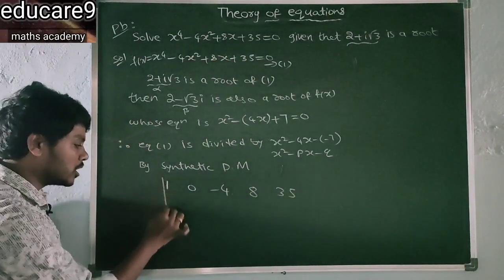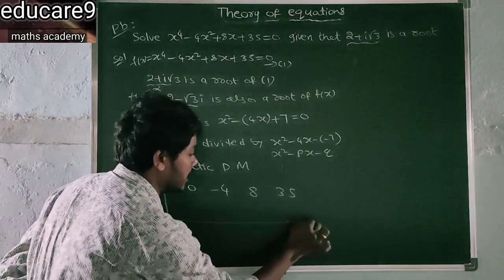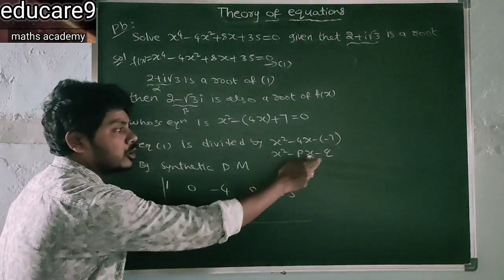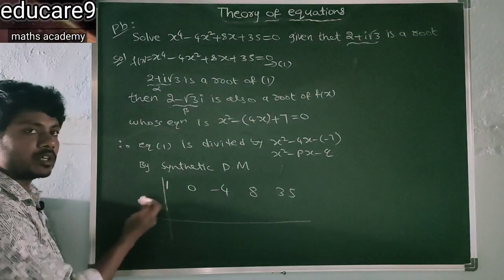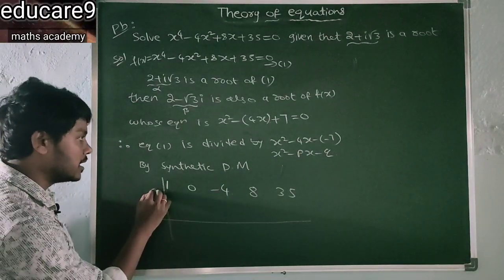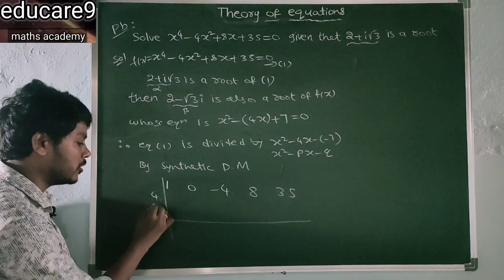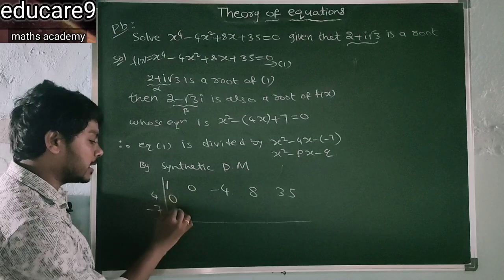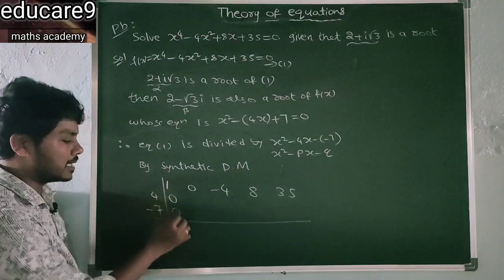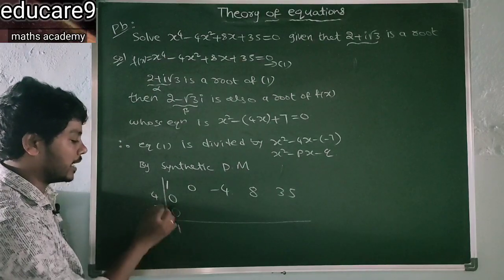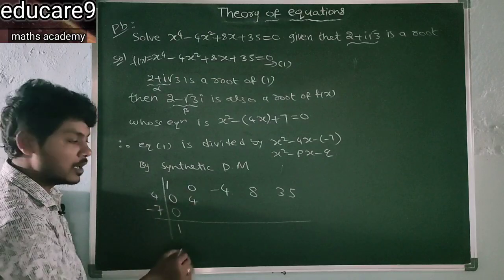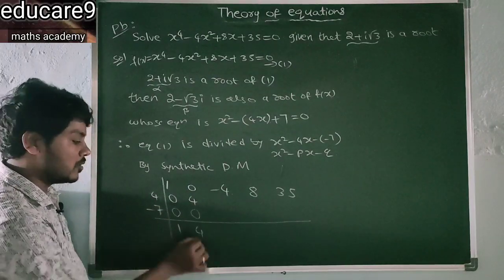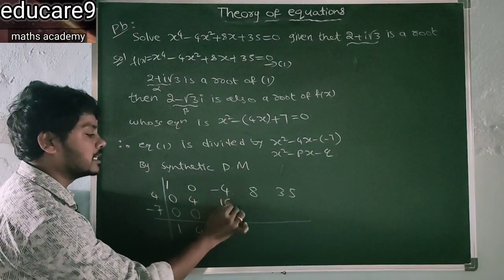Now draw the vertical line and horizontal line. Now write P and Q values to the left of the vertical line. That is, here P is 4 and Q is minus 7. Now write here 2 zeros. Now add these 3, you will get 1. 1 into 4, 4. And write again 0 here. So 4, 4 into 4, write 16 here.